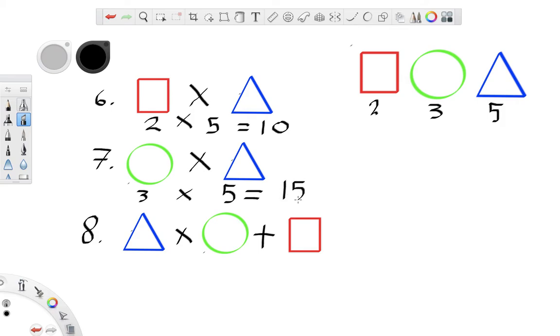If you notice, every time I'm just putting the numbers underneath and then I'm just working out the value. So question 8, you're going to put the numbers underneath. So the blue triangle, which is 5, that's multiplied by the green circle, which is 3, and then we're adding the red square, which is 2.